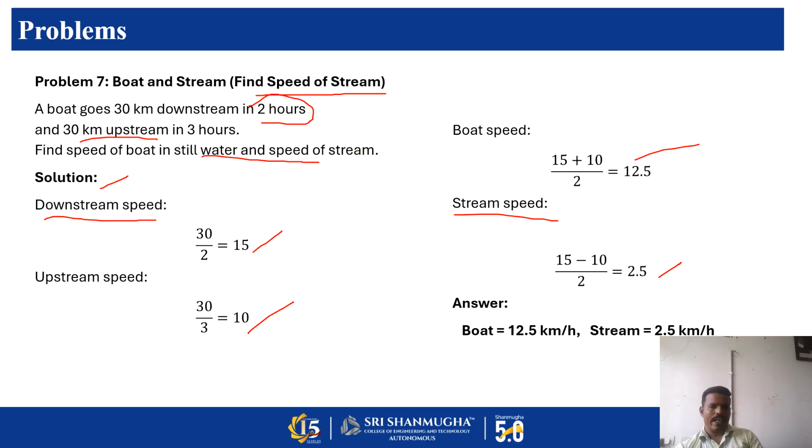So the boat speed is 12.5 km per hour and the stream speed is 2.5 km per hour.